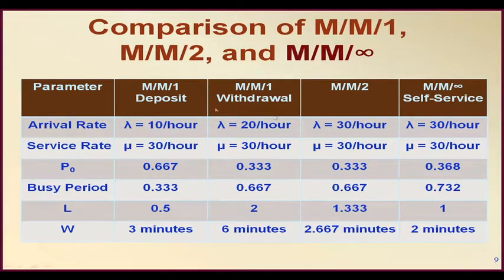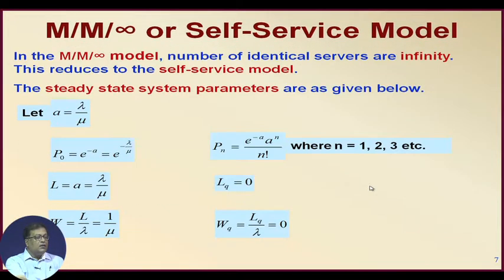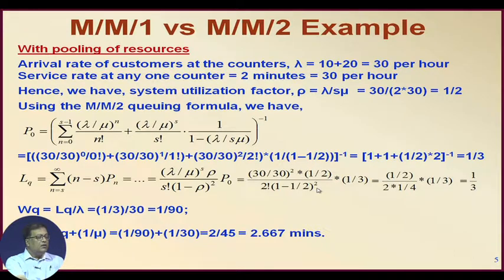But one more interesting thing, let us look at this M/M/2 queue. For the M/M/2 queue, P0 is 0.333, but the busy period is 0.667, is it not? Let us go back and quickly see what the value of P0 was. P0 is 1 by 3, and the value of rho, the system utilization factor, which is lambda by S mu, is half.